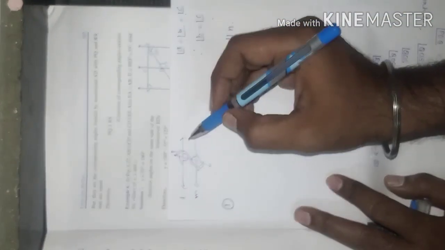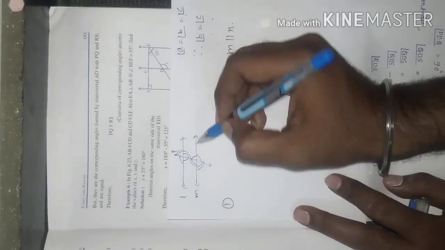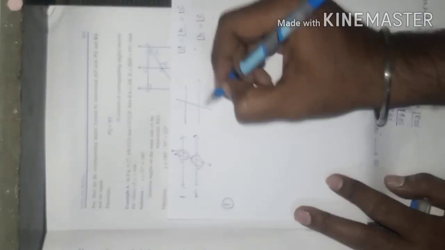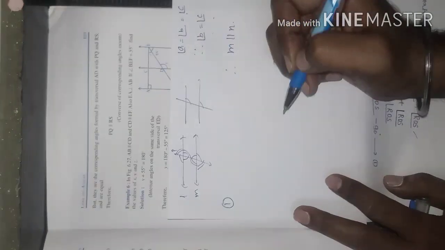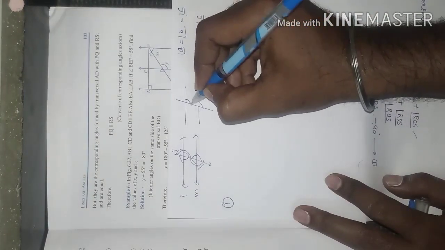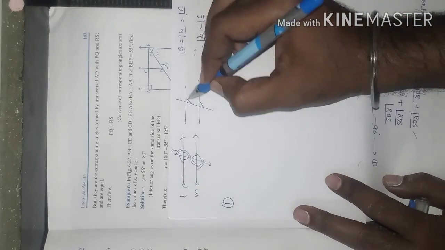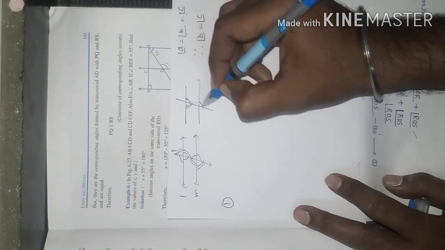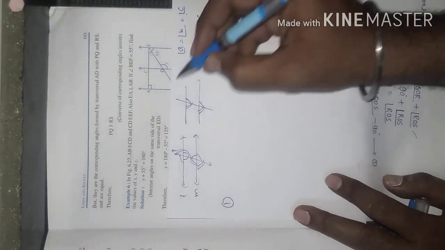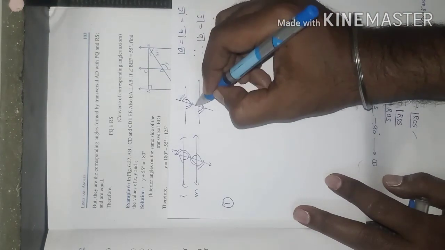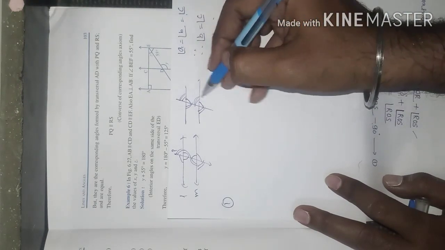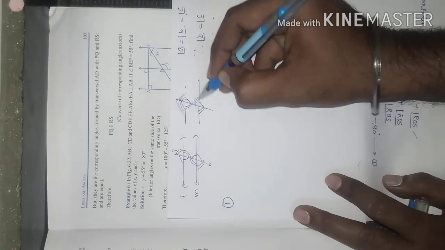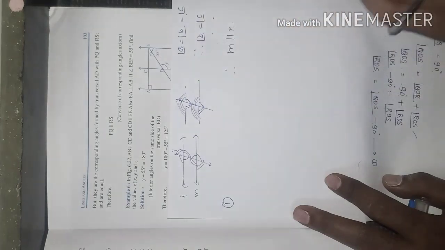And next one, if the lines are parallel, then the corresponding angles are equal over here. This angle and this angle are equal if they are parallel, and over here also. Over here also I am marking 1, 2, 3, 4, and here 1, 2, 3, 4.